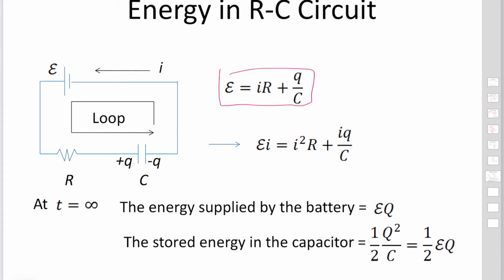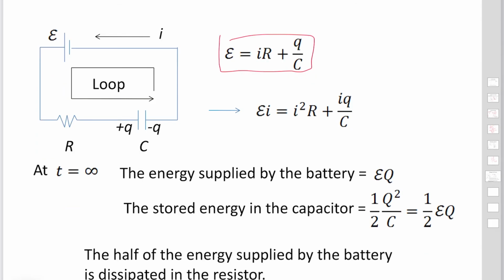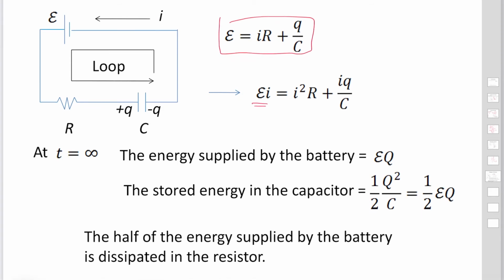If we multiply by I on both sides, epsilon I equals I squared R plus I Q over C. So the energy supplied by the battery can be calculated as epsilon Q, because of the left-hand-side term: epsilon I dt becomes epsilon dq over dt dt, so epsilon dq. Since epsilon doesn't change, we get epsilon Q. So this is the energy supplied by the battery.